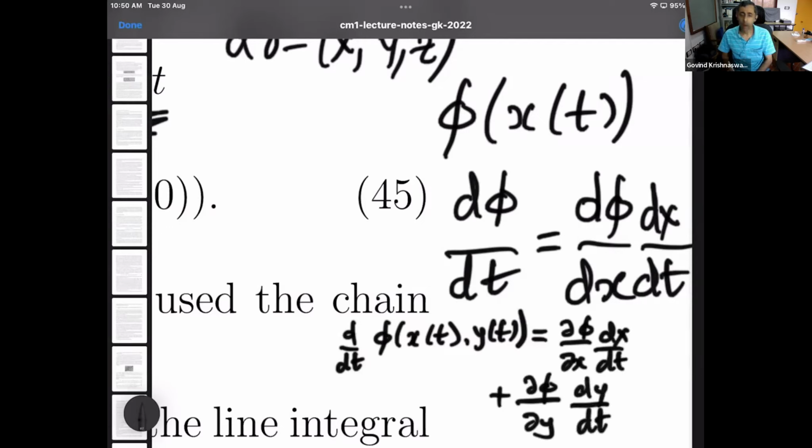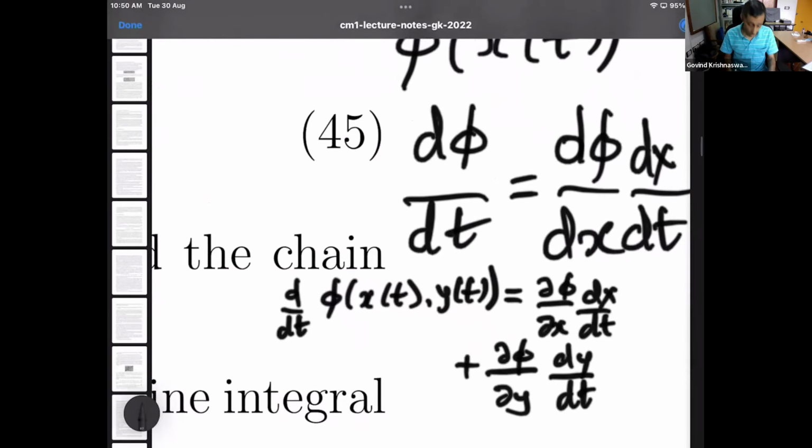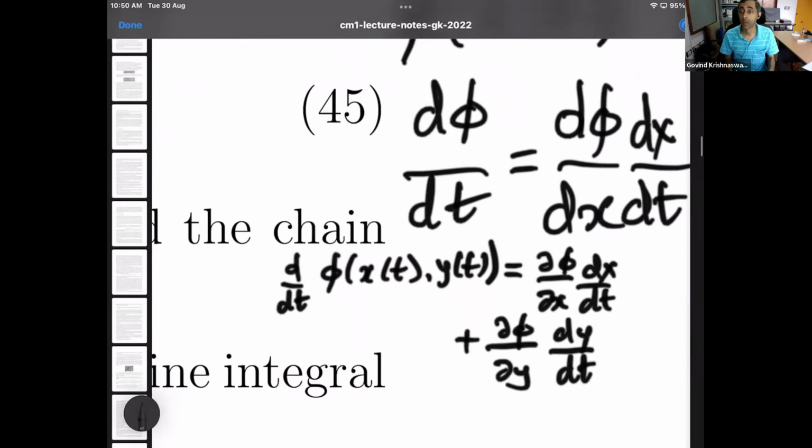My objective is not to prove this formula, but just motivate it from your knowledge of one variable calculus. And the notation is very well chosen, as Mukherjee has just pointed out. The dx in the numerator and the dx in the denominator are so placed that you should think of them as cancelling each other out and finally giving you d phi dt.